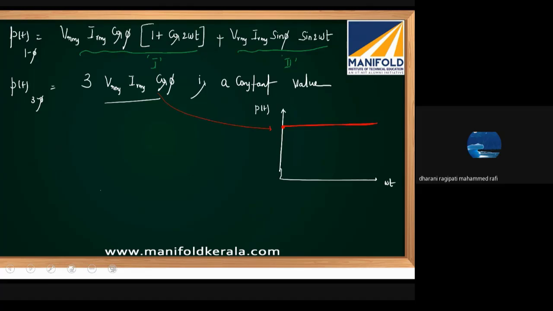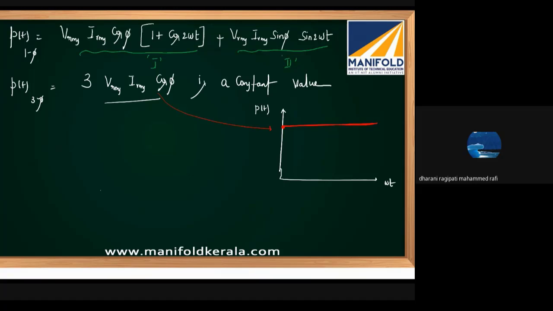The second important point which I want to tell you, sir, is that we had reactive power in the single phase system. That reactive power establishes a magnetic medium in the end devices where we need to convert the electrical energy into some other form of energy. Here, the instantaneous power is not showing any reactive power component.